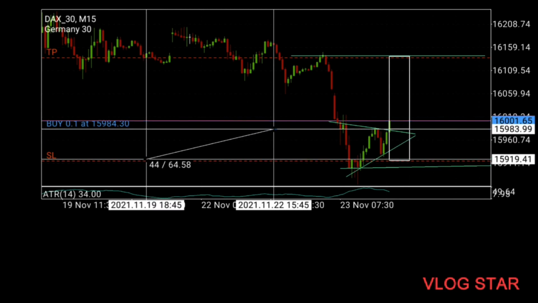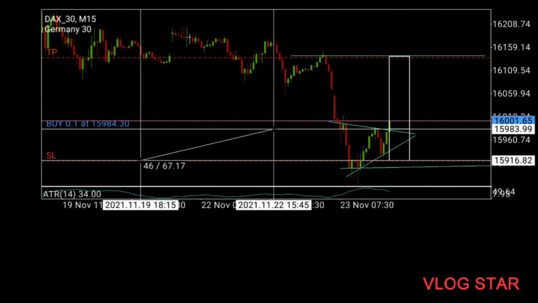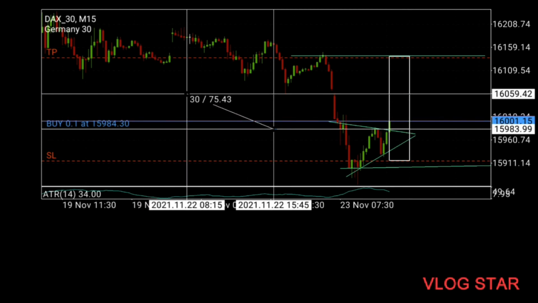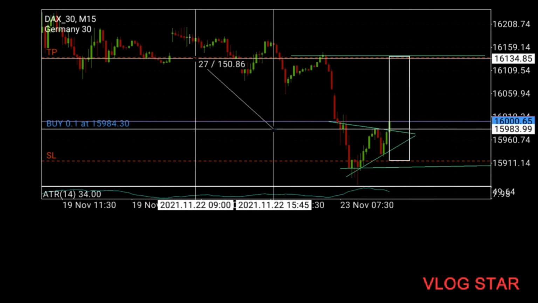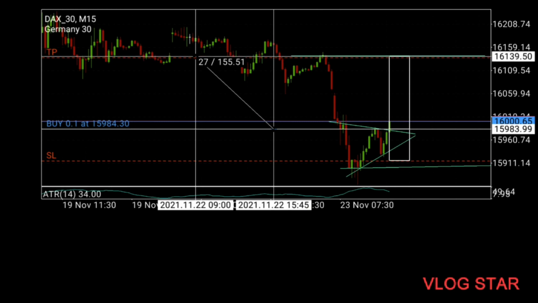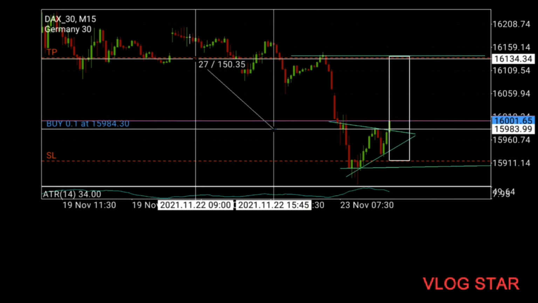So for my stop loss to get hit, it's going to take an hour, and then it can take about 2 hours for my TP to get hit. So the ATR already tells me what to expect in the market in an hour or in 2 hours.